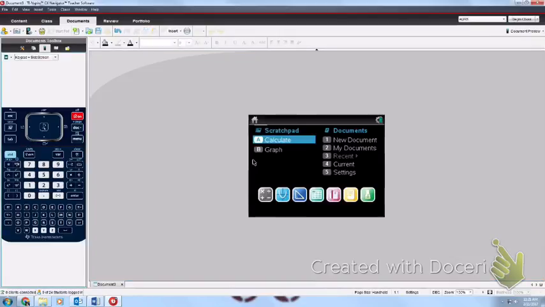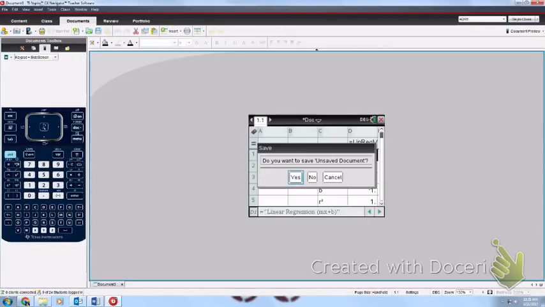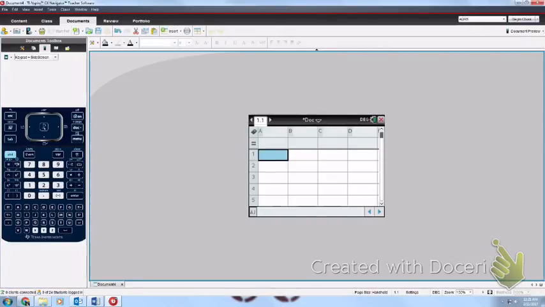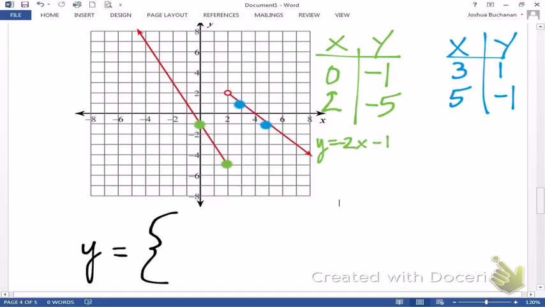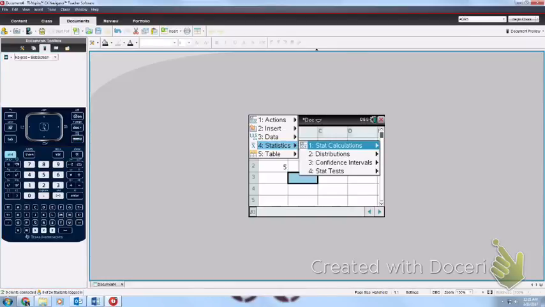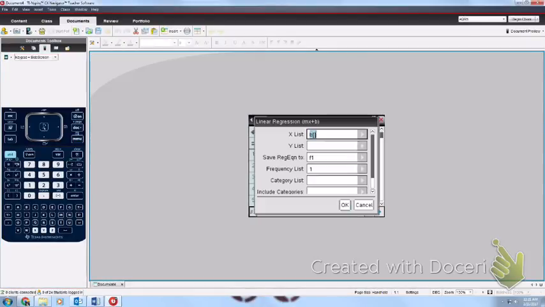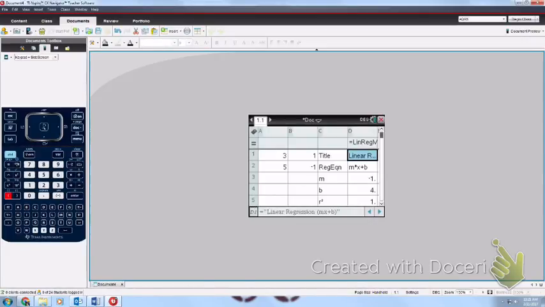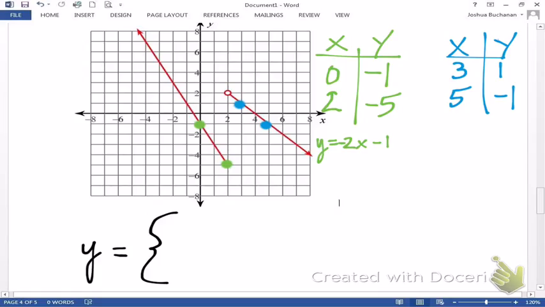And then if we go back to our calculator, do a new spreadsheet, our points that we see here are 3, 1, and 5, negative 1. Go to our menu, and then do another linear regression. And we see that M is negative 1 and B is 4.